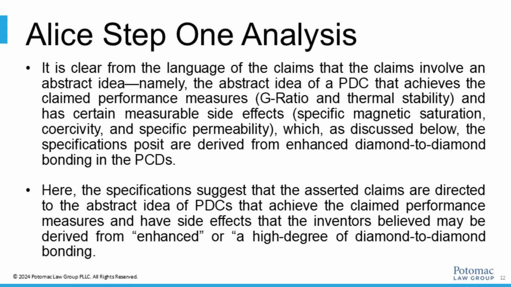They said that it's directed to the abstract idea of a PDC that achieves the claimed performance measure, whatever it is, G ratio or thermal stability, and has certain measurable side effects. At the end of the analysis for Alice step 1, they also have the following quote.